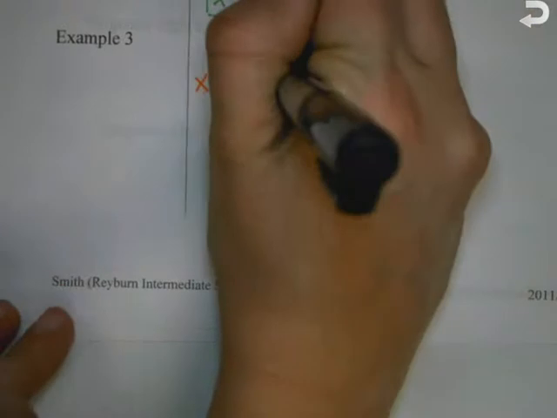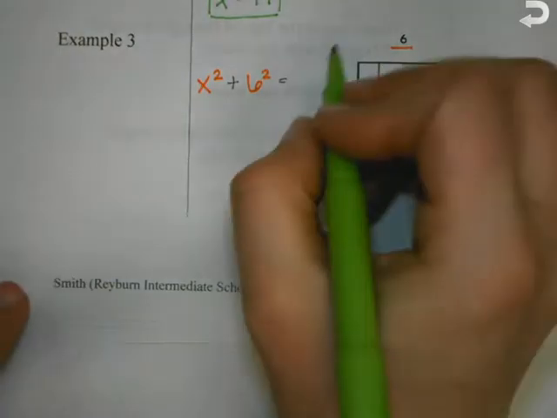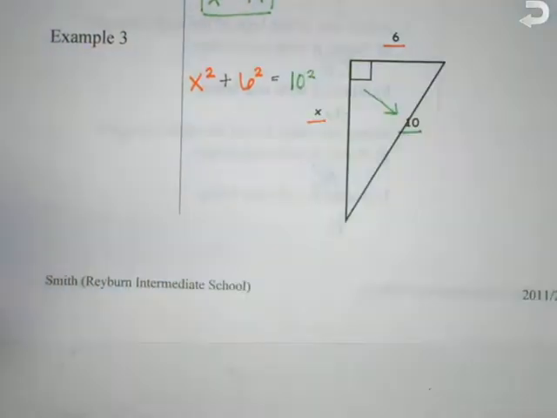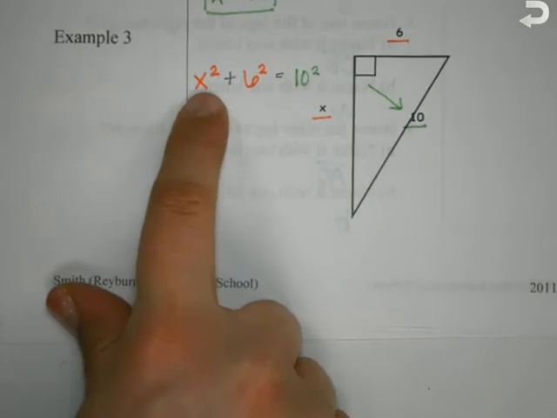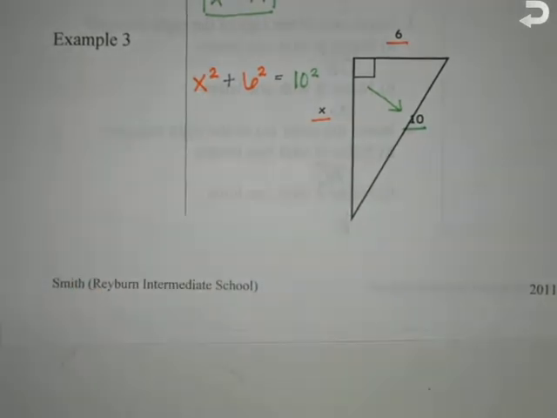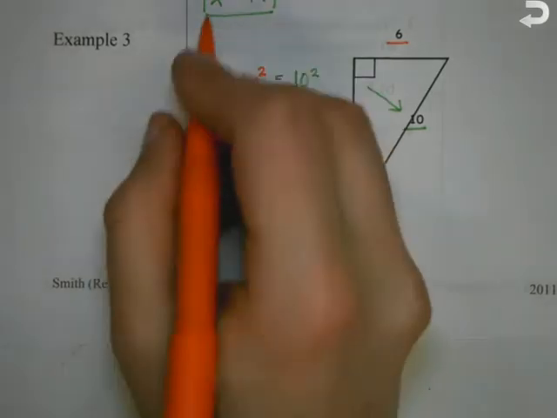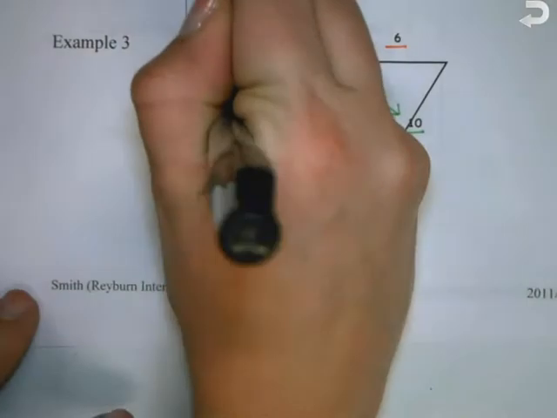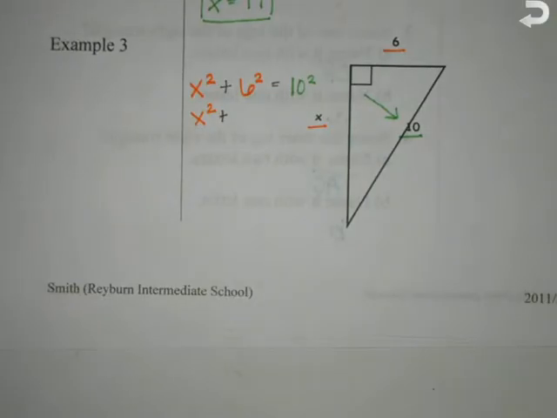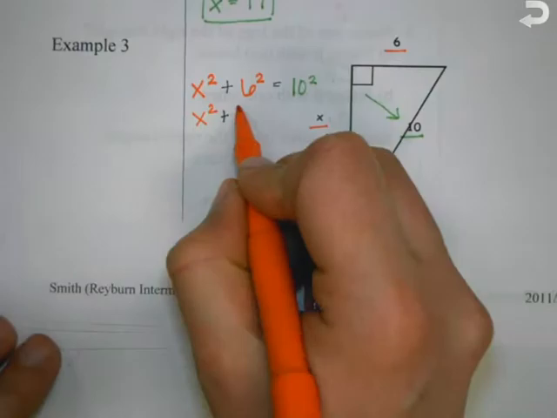So this time the variable is just in a different place, but we still plugged everything into the Pythagorean theorem. Okay, we don't know what x squared is yet, right? So we're just going to leave it as x squared plus, what is 6 squared? 36. Good, 36 is equal to 10 squared? 100.